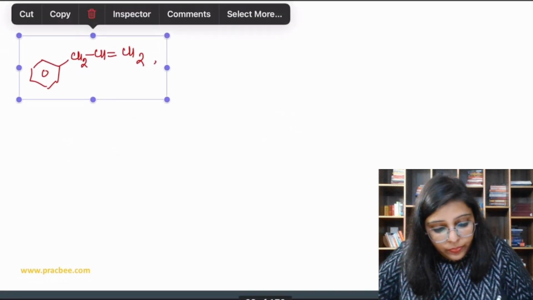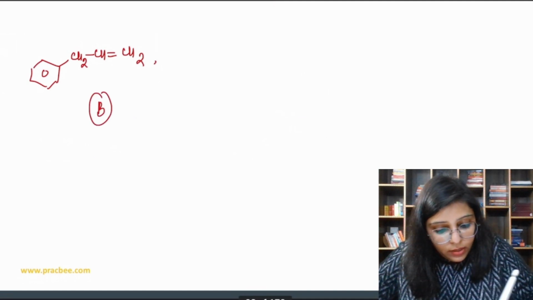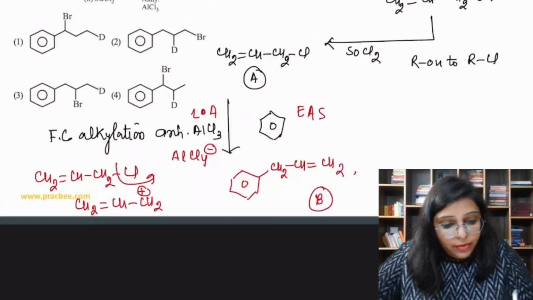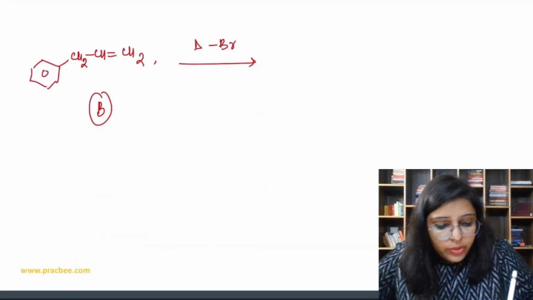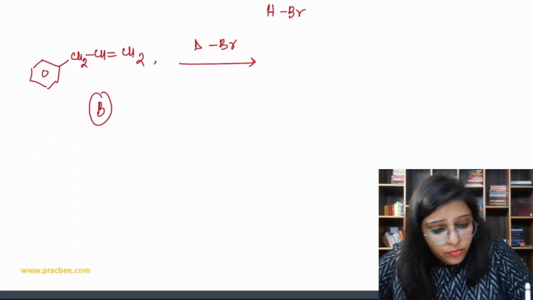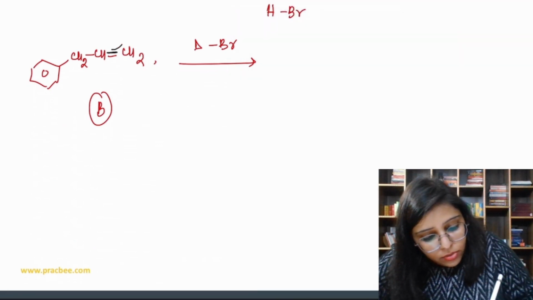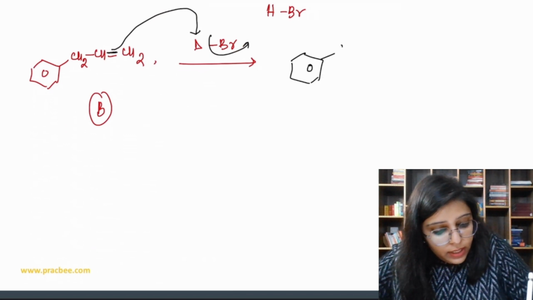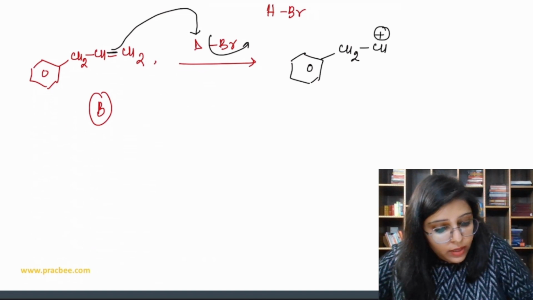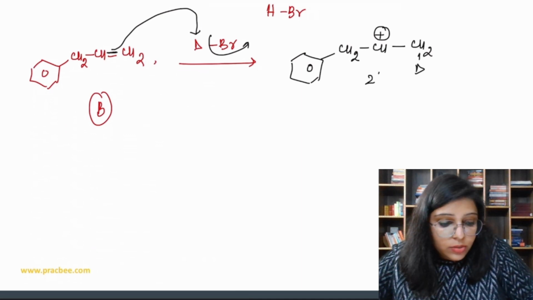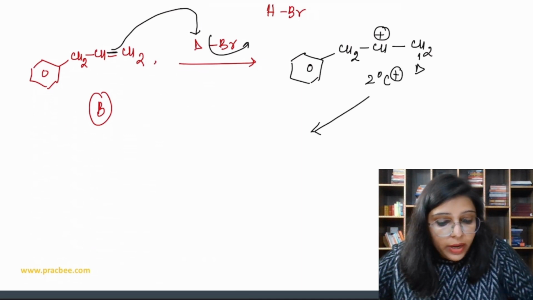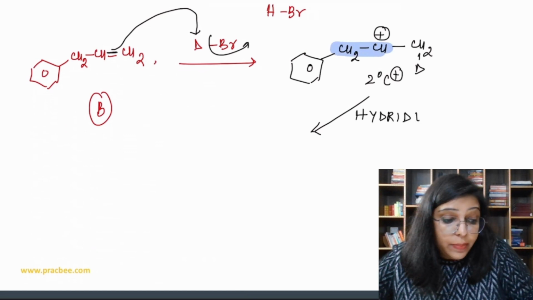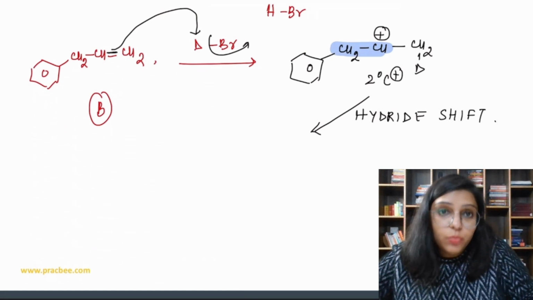Now let's write C. So this is B. Now what are we going to do? We have DBr. It's similar to HBr. We have to do Markovnikov addition. So first step we have to form the carbocation. So the electron of this bond attacks on this and Br minus leaves. And we get CH2, CH positive and here we write CH2D. Now what happens? This is a 2 degree carbocation and if we do a hydride shift, then we get a benzylic carbocation which is more stable.